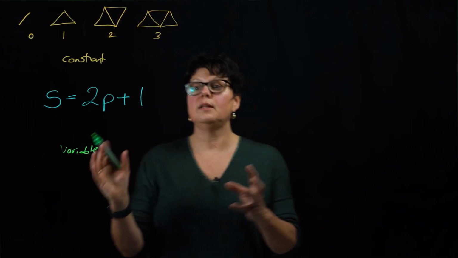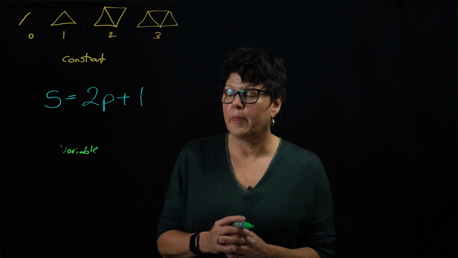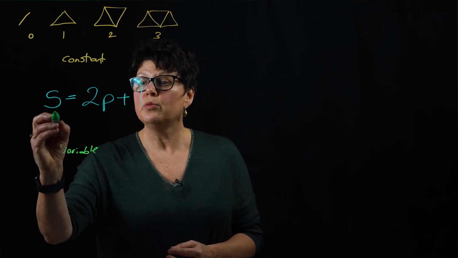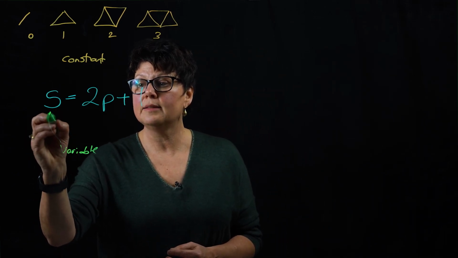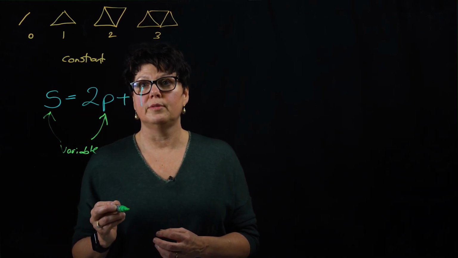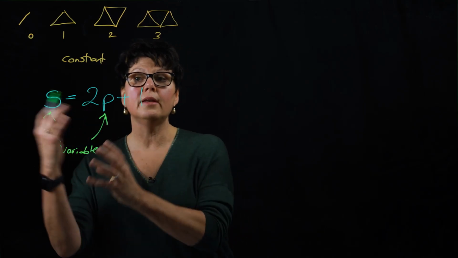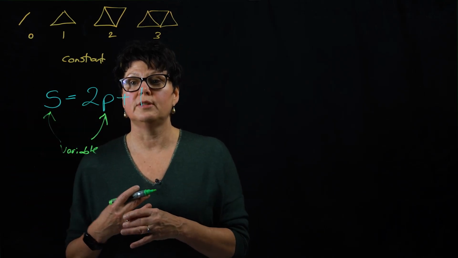So what in this rule is a variable and what is a constant? We would want students to know that S and P are variables because the place in the sequence and the number of sticks changes.